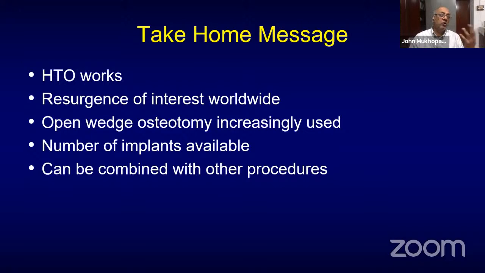You can do chondrocytes or oats, etc., along with an osteotomy. So therefore, there will remain a role for osteotomy. And this is, I think, a technique which is gaining in popularity and certainly something that all of you should be aware of. Thank you.